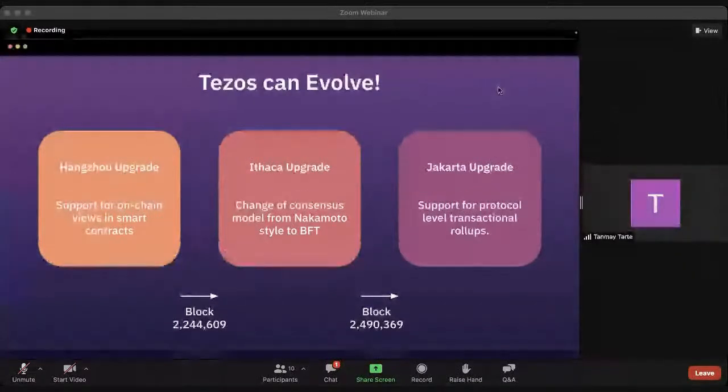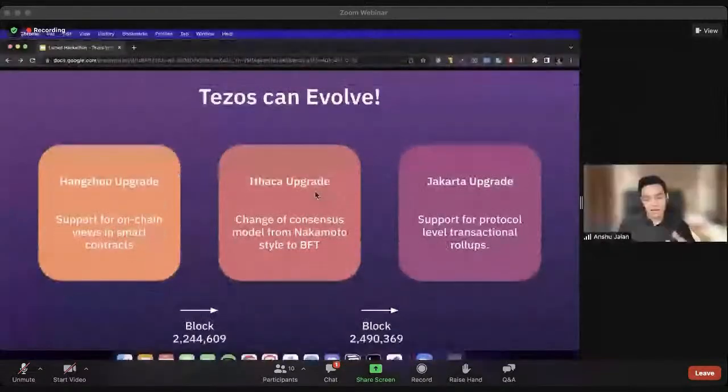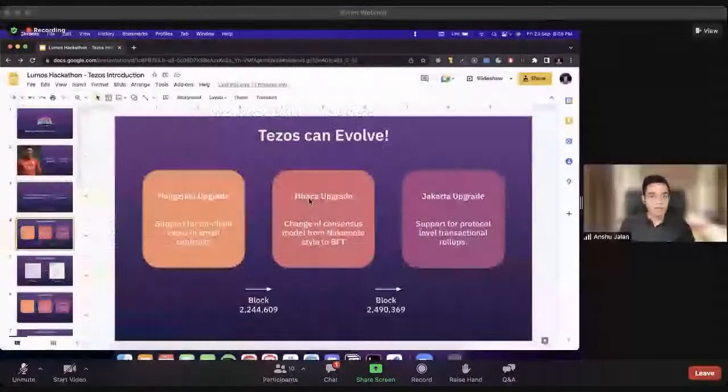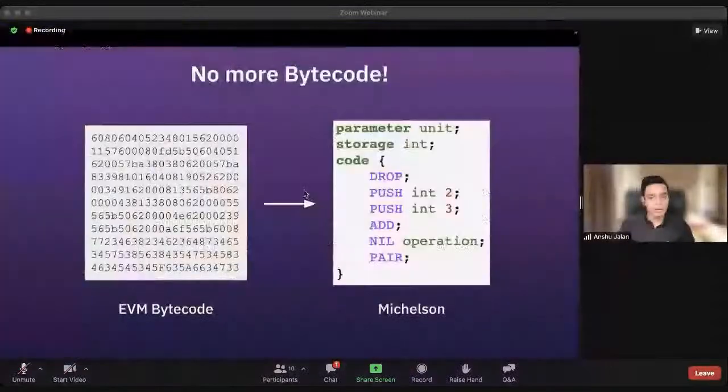So if evolution doesn't interest you that much, and you just want to focus on the development side of it, then this might definitely interest you. On Tezos, we don't have low-level bytecode. Now, if you already have some experience with EVM chains like Ethereum or other EVM compatible chains, then you would know that the lowest level code on those chains is called the bytecode, the EVM bytecode.